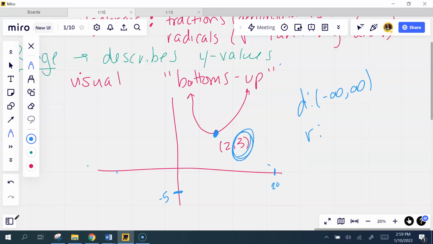It never goes lower than that. And I need a bracket because it includes that. That vertex sits at 3, so it's included. So I'm going to go from 3 all the way up to infinity because it keeps going up forever and ever. All right, let's do another.